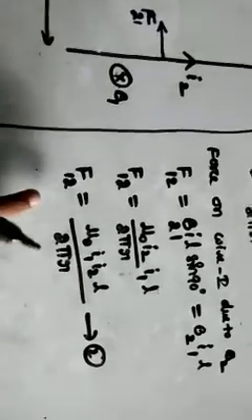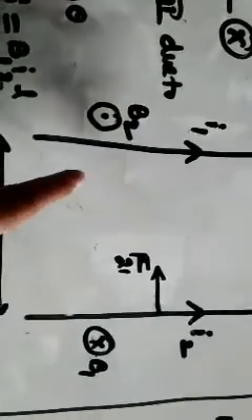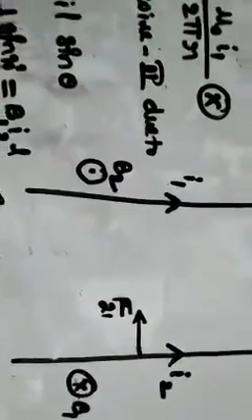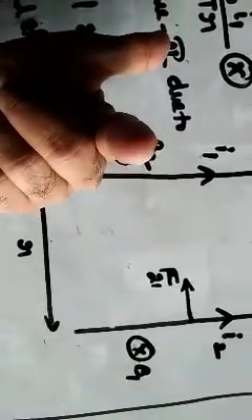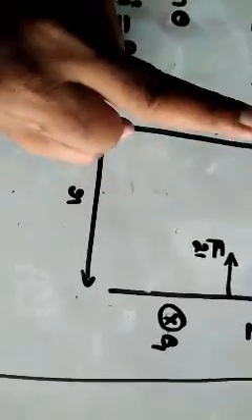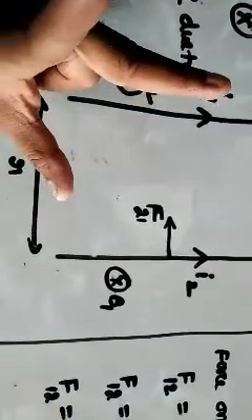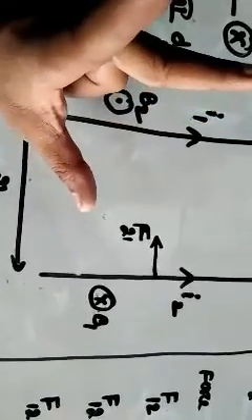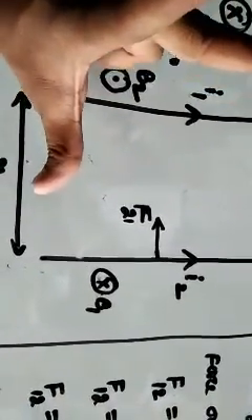Again I am asking, what is the direction of F12? Check it carefully. Here for force direction, again apply Fleming's left hand rule. B2 is outwards, and the direction of current is like this. The middle finger is in the I1 direction, my forefinger is upwards along B2, and my thumb is on the right hand side of this first wire.